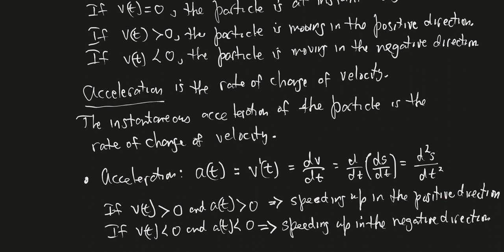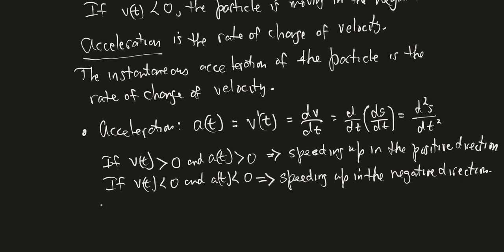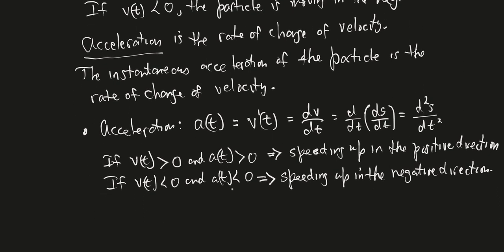All right. So then one way we can describe this: an object is speeding up whenever velocity and acceleration have the same sign. So whether v and a are both positive, or v and a are both negative, right?